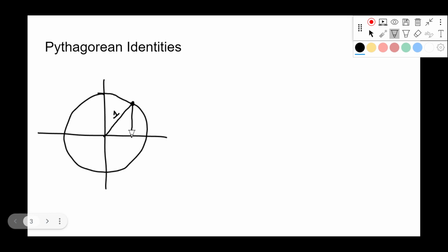And then I'm going x units across and y units up to reach this point up here. X across, y up. And then I know the Pythagorean theorem works. So x squared plus y squared equals 1 squared. So I know x squared plus y squared equals 1.